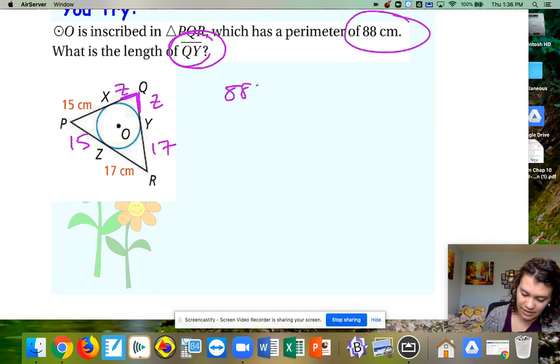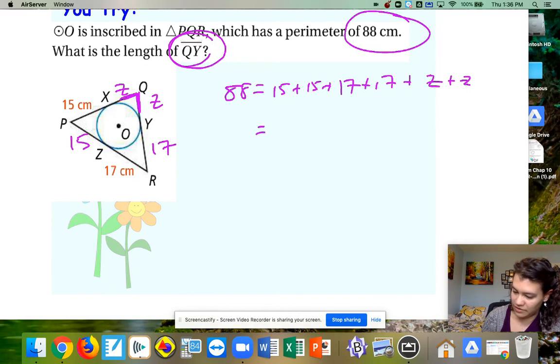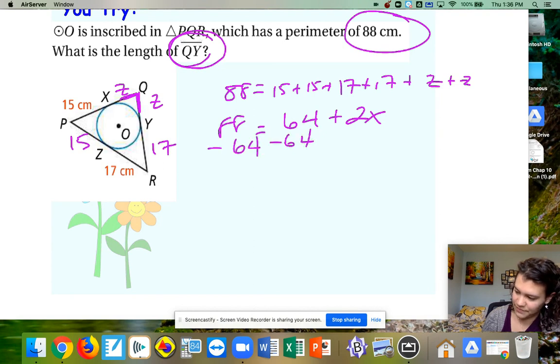So 88 equals 15 plus 15 plus 17 plus 17 plus Z, which will then give you 64 plus 2x equaling 88. Subtract 64, and you get 24 equals 2x divided by 2, and x equals 12.